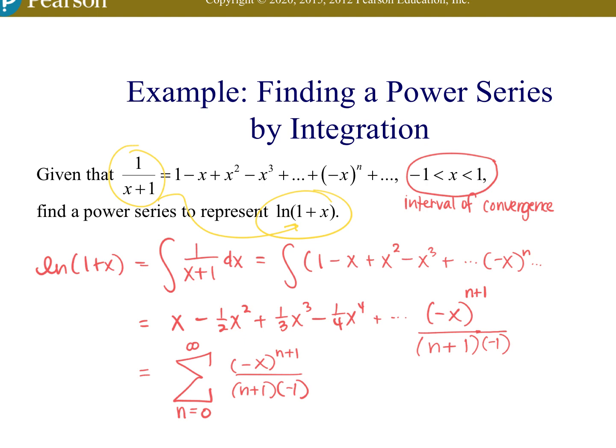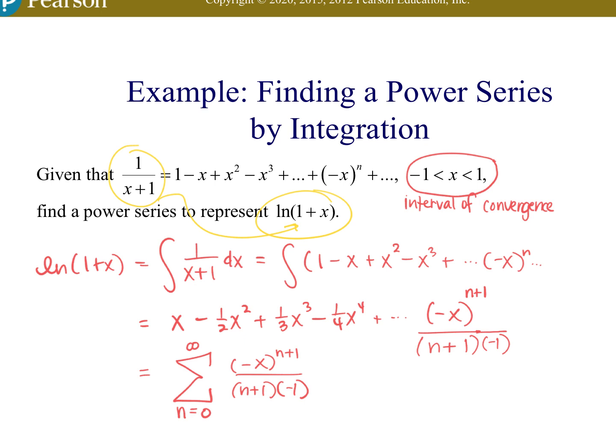It will converge. Okay, because the original power series we worked with converged, this one will converge as well, because it comes from a converging series. If it's coming from a converging series, it will also converge. If it comes from a divergent series, it may or may not. We don't know.